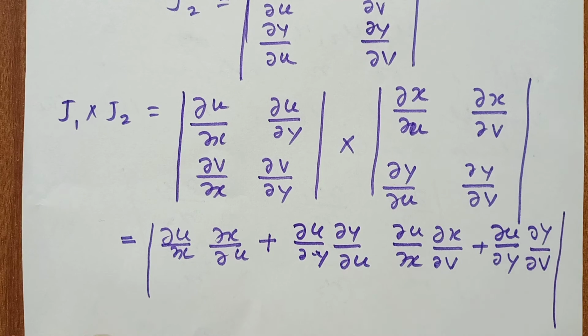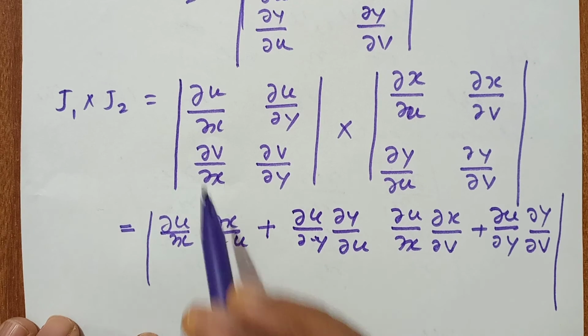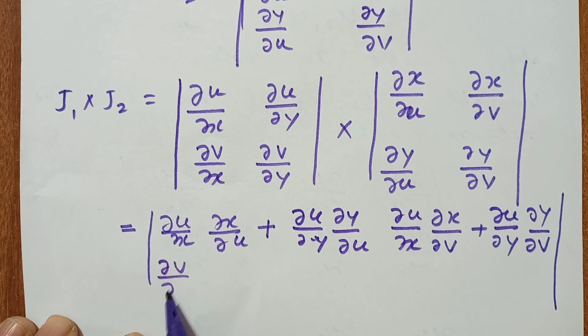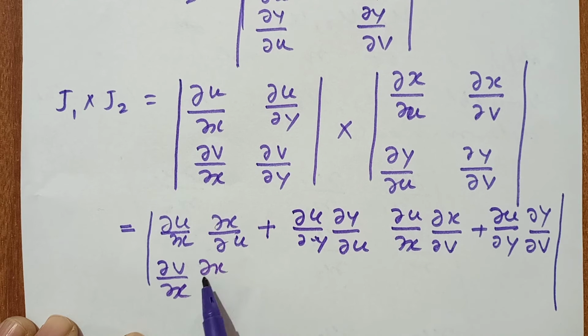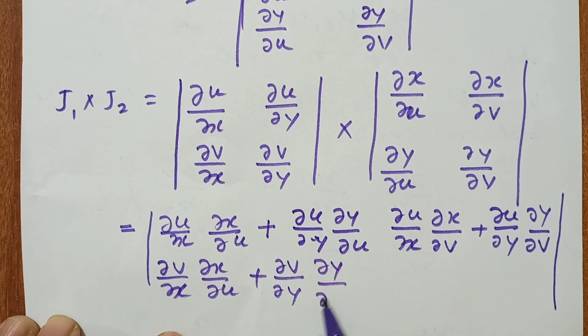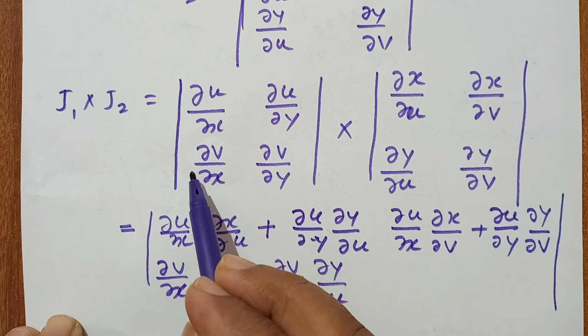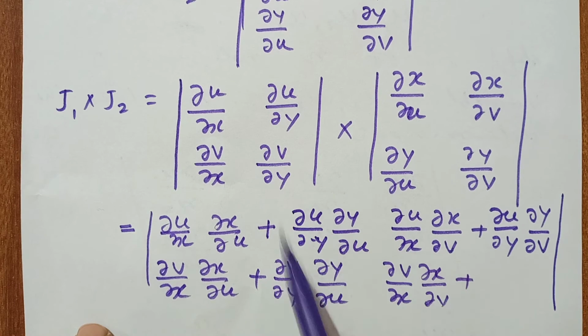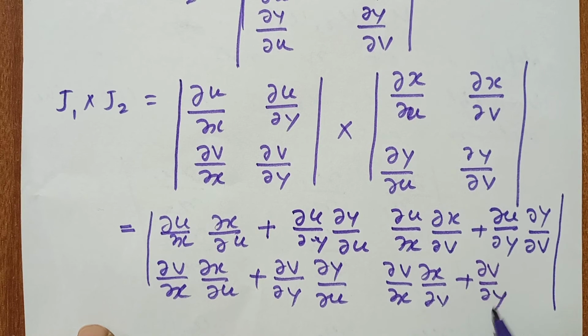Okay, in the second row similarly, second row first column means del v upon del x into del x upon del u plus del v upon del y into del y upon del u, and here second row second column means del v upon del x into del x upon del v plus del v upon del y into del y upon del v.